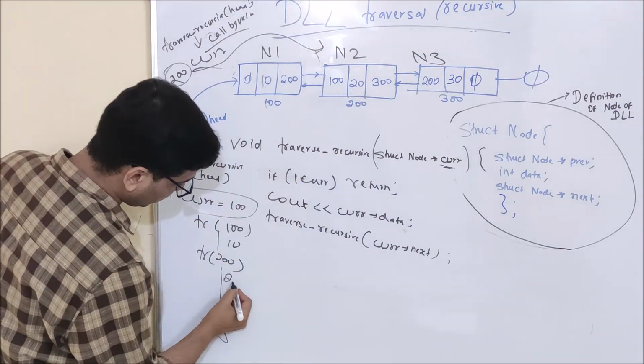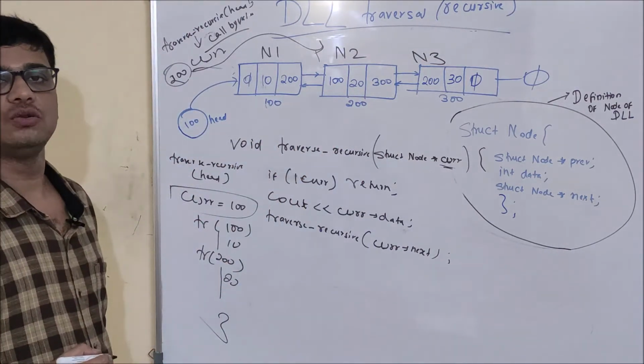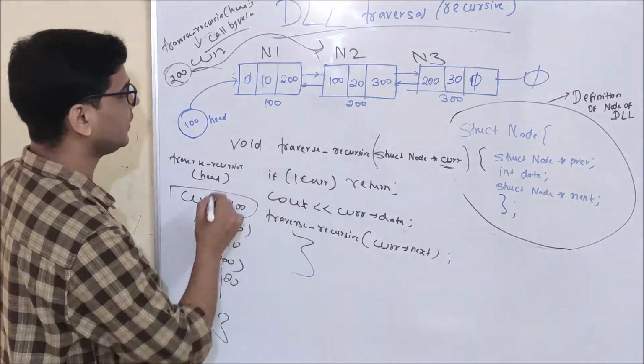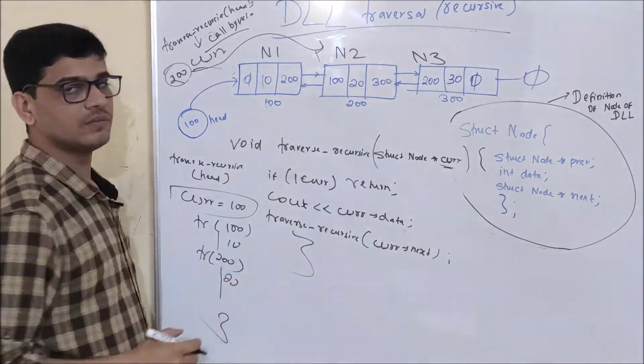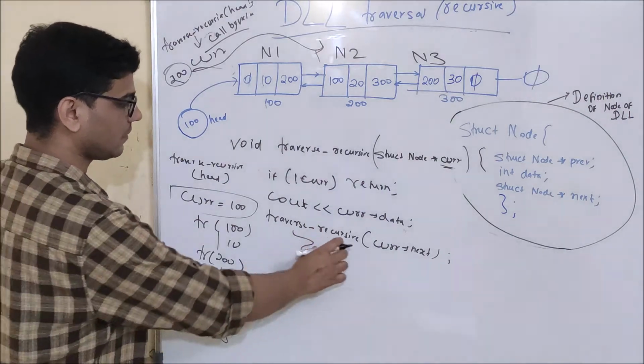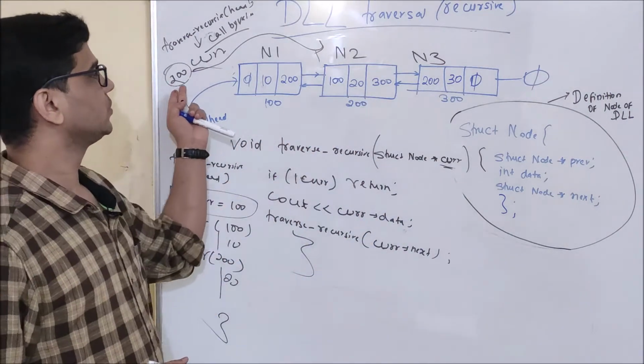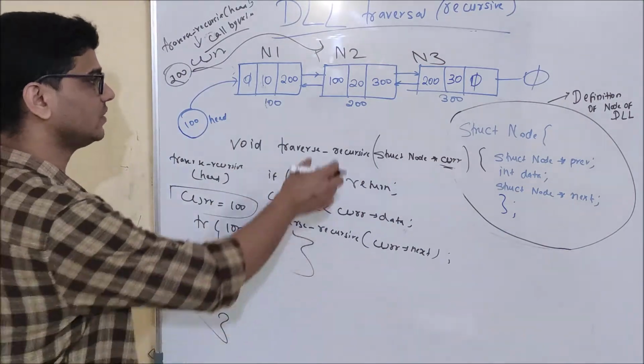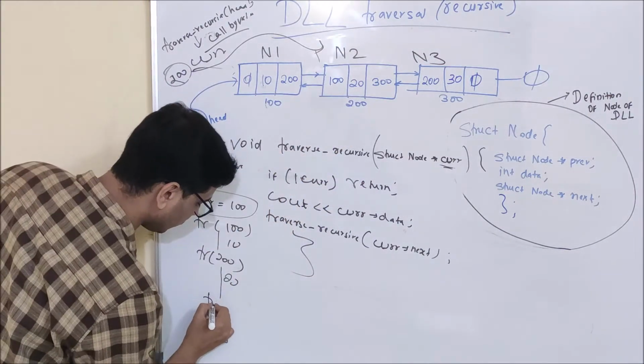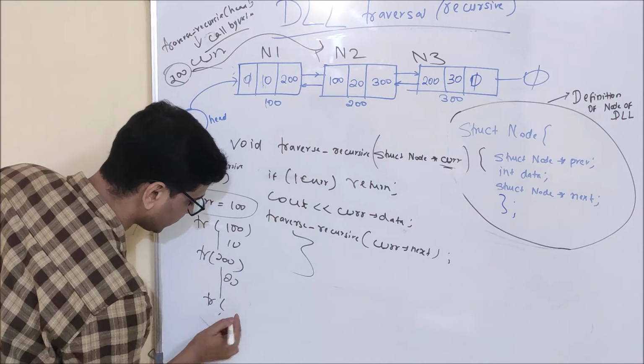And what is data part? 20. Okay, 20 will be printed, and in next line we are again going to make a function call to traverse recursive current dot next. And what is current dot next now? Next part of the node starting from memory address 200, that is 300. So we are going to make a call to traverse recursive 300.